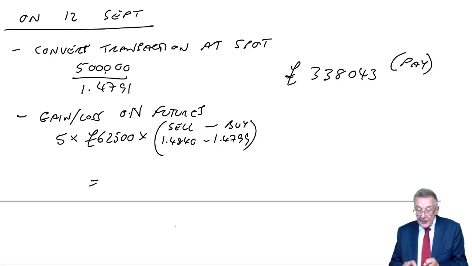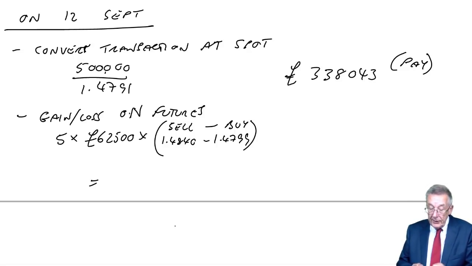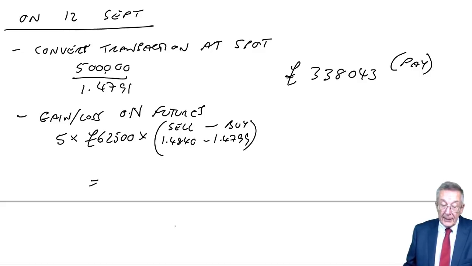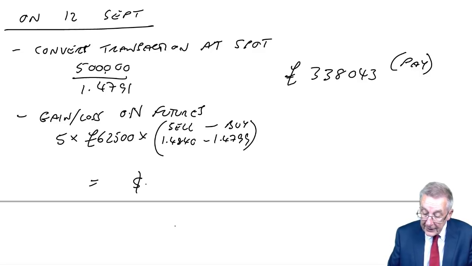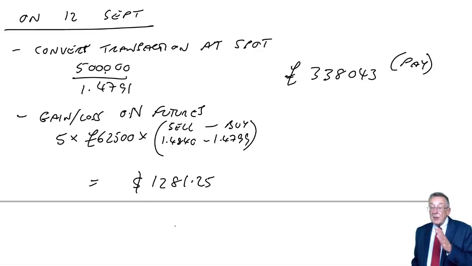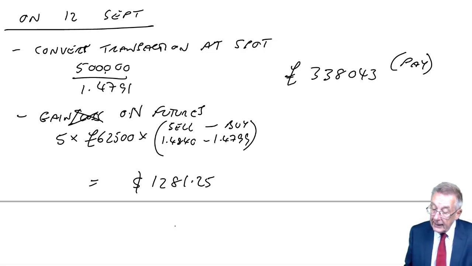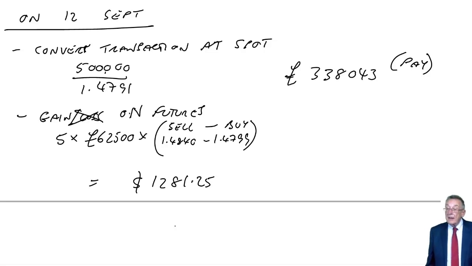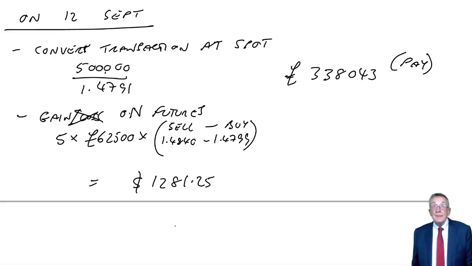But apply that to 62,500, contract size, 5 contracts, and I get a profit of 1281.25. It's a profit, it's a gain, because we sold at a price higher than we bought. So a gain of 1281.